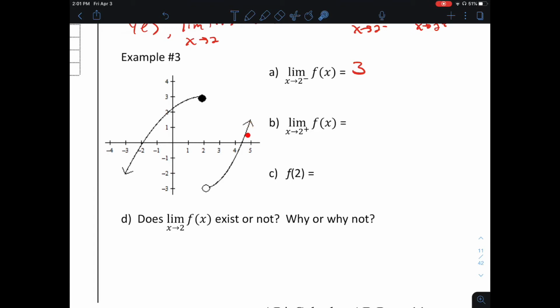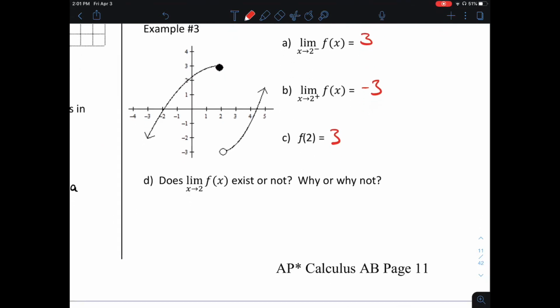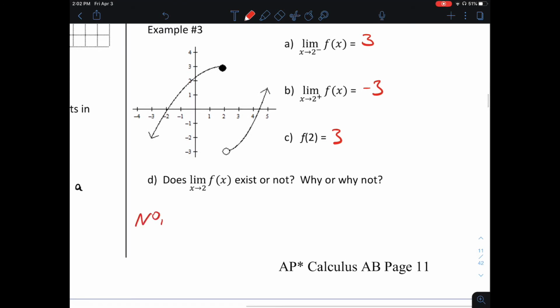If we approach from the right, looks like it's approaching -3. What is the value of the function, the y value, when x is 2? Well, when x is 2, the value of the function is 3. Does this limit exist? No.